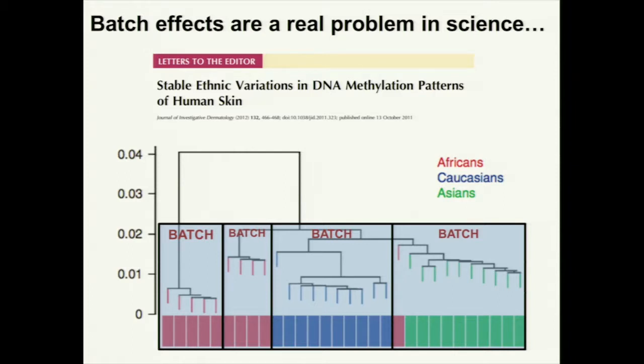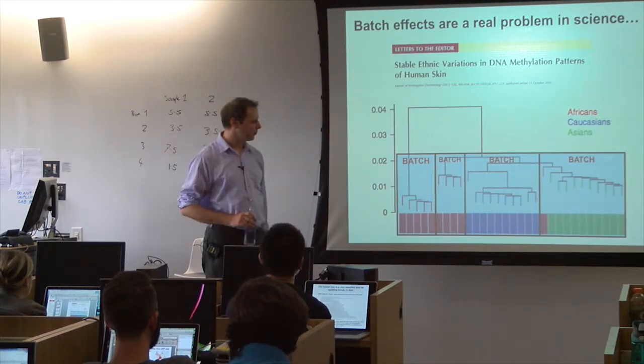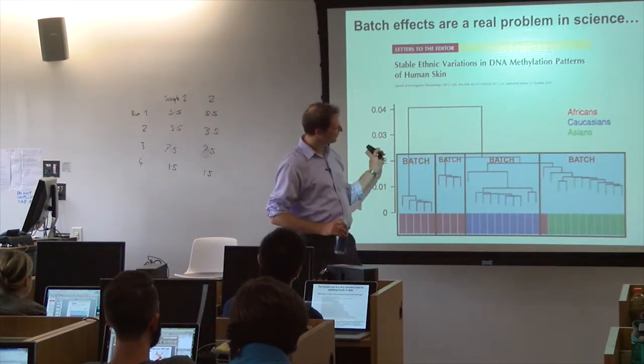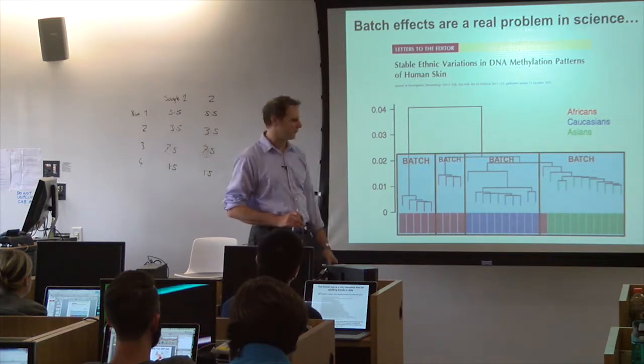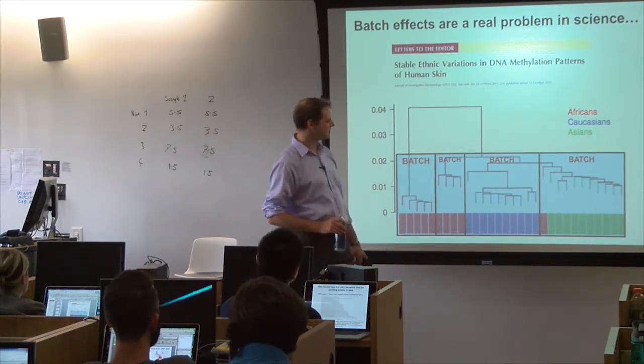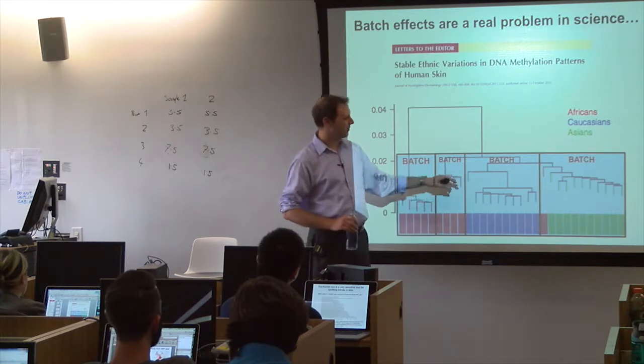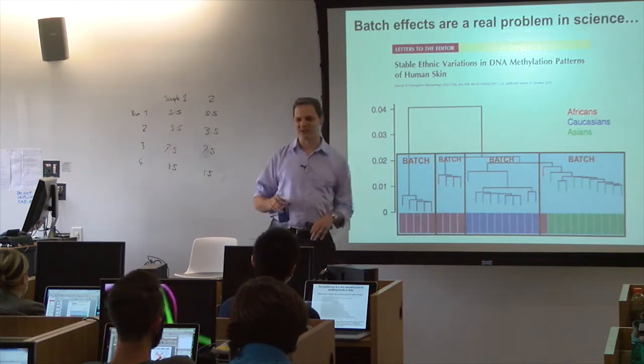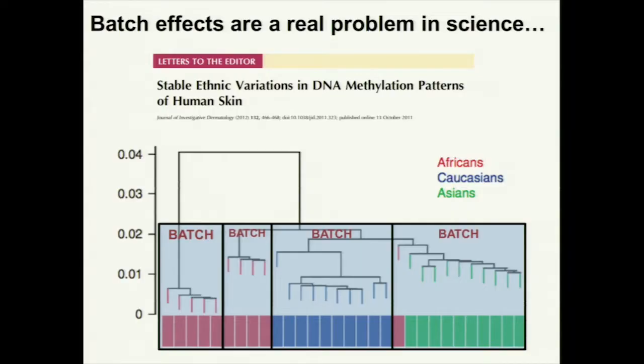There's a lot of people out there that don't appreciate the importance of doing quality control, systematically mixing your samples. If I was running this experiment, it's not that many, I would run them all as a single batch, not as 4. And if you had to separate them into batches, run some Africans, some Asians, some Europeans together in each batch, so that you wouldn't be misled in this way.